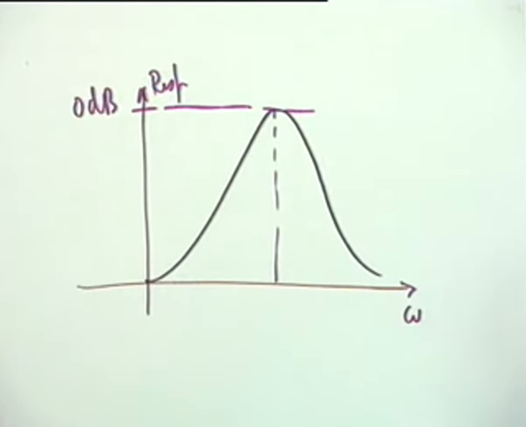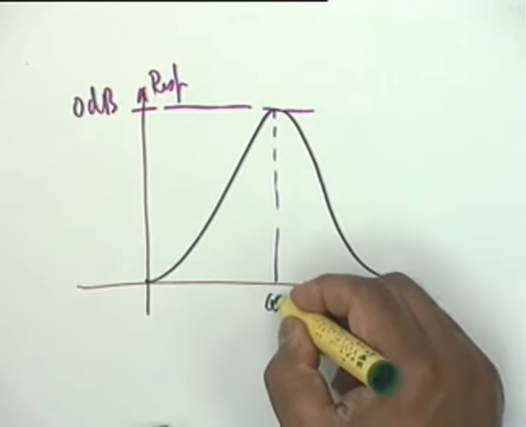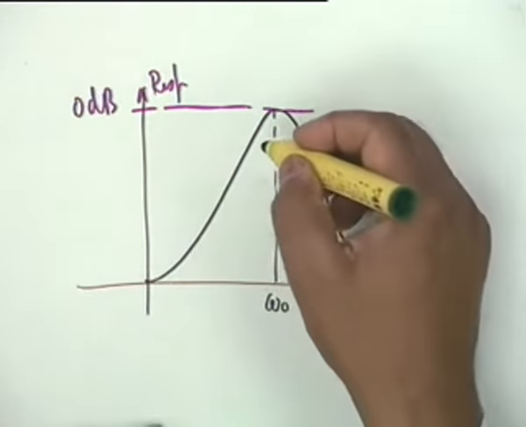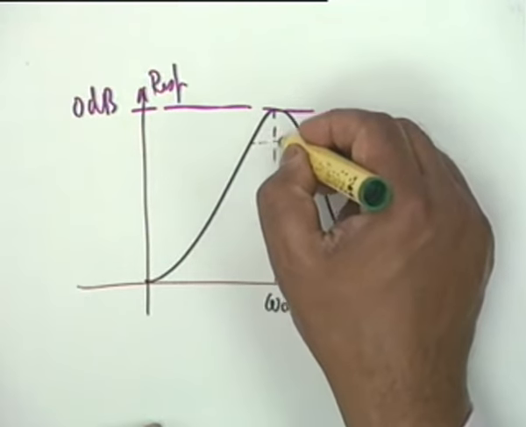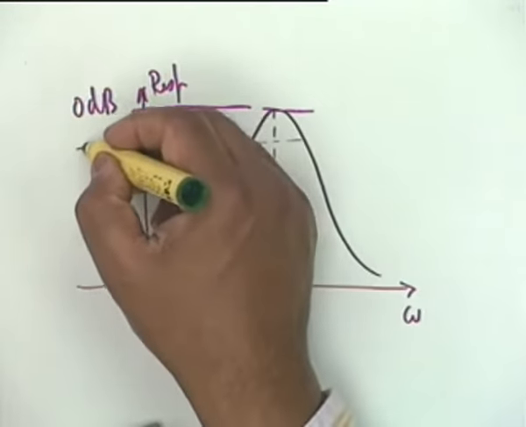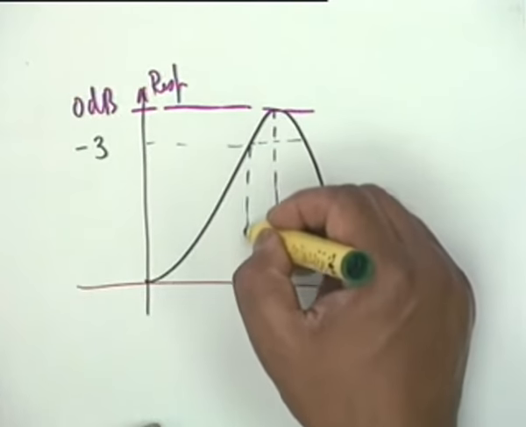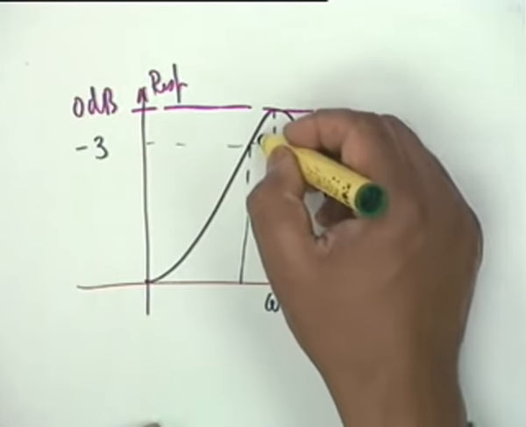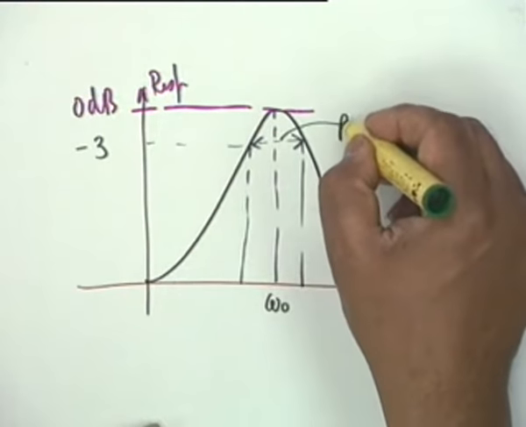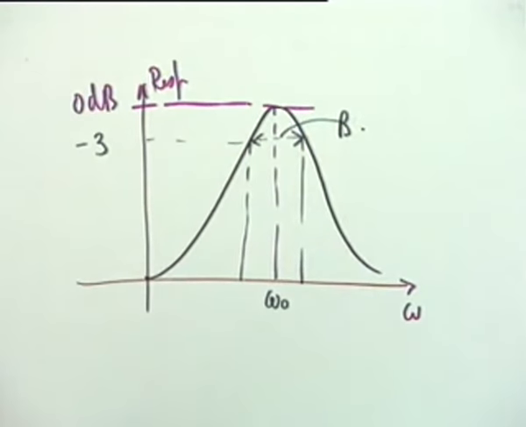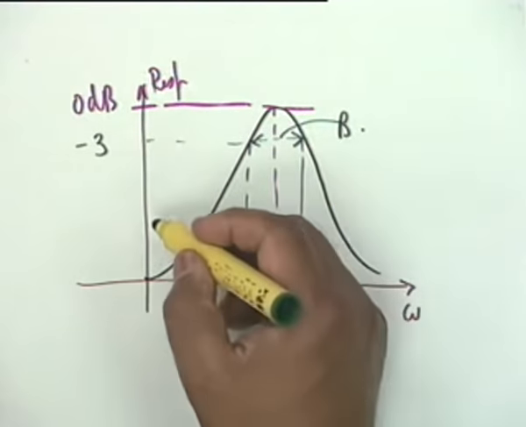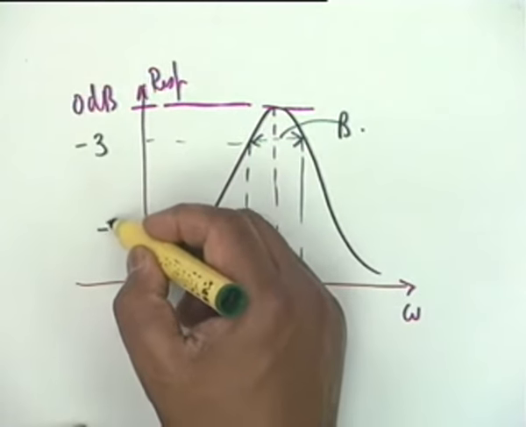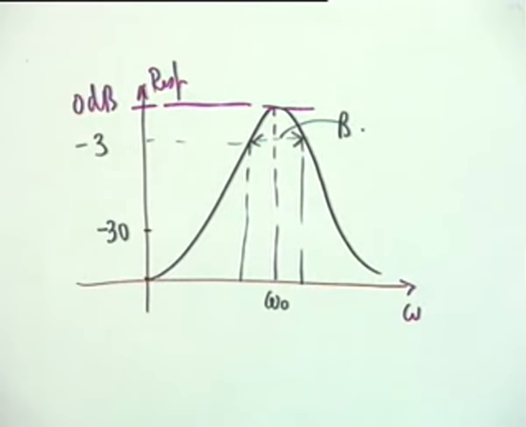The response is characterized by the resonance frequency omega 0, and the 3 dB bandwidth. If this is minus 3 dB, the 3 dB bandwidth is usually denoted by capital B. In addition there is a third parameter that is used in practical circuits, which is the minus 30 dB bandwidth.